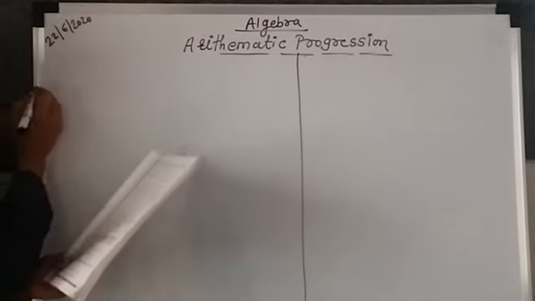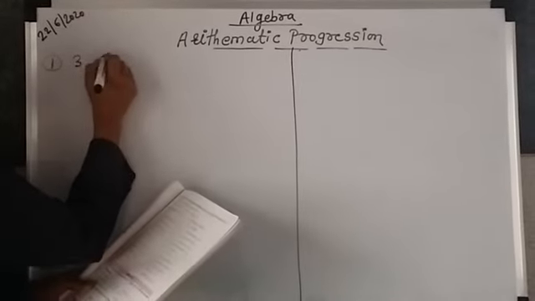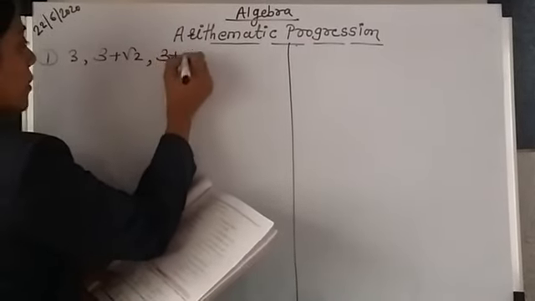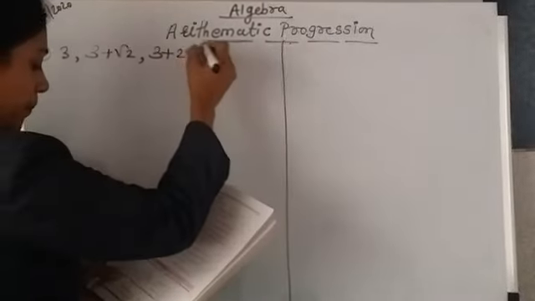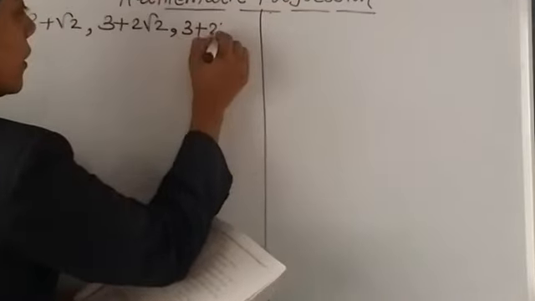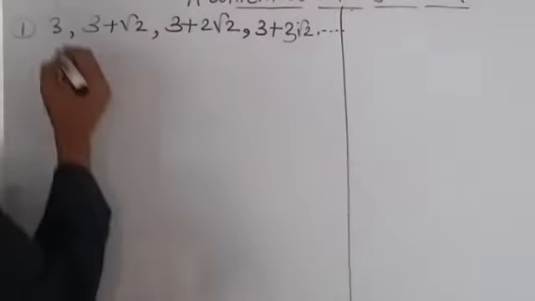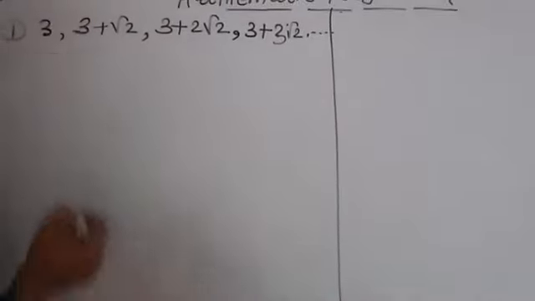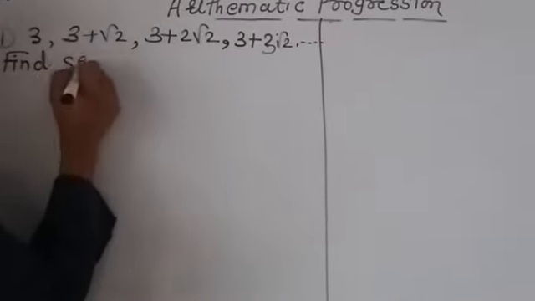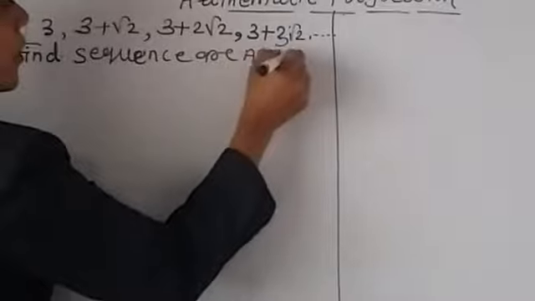See the example. 3, then 3 plus root 2, then 3 plus 2 root 2 and 3 plus 3 root 2, and so on. So students, see here, find whether the sequence is AP or not.